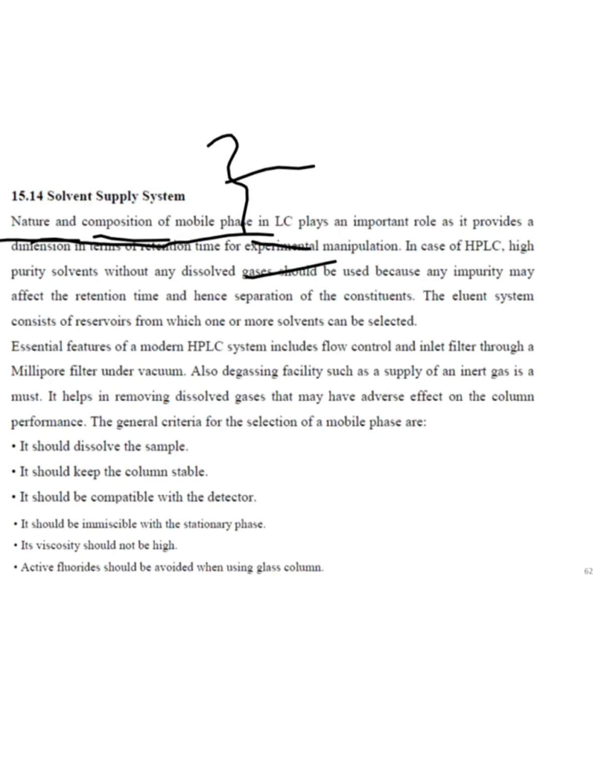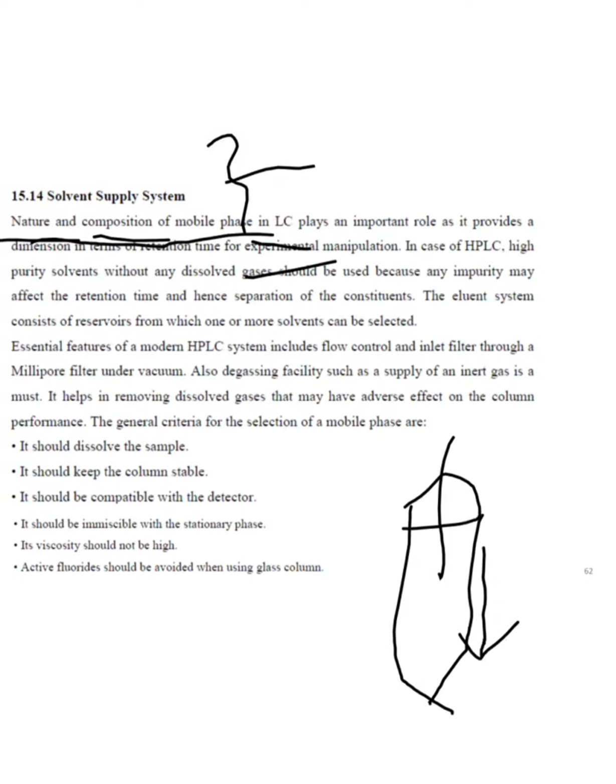In the column, the retention time can be varied by using different solvents. The concentration of the solvents also matters for the eluting of the sample. The ratio of the polar and non-polar solvents may also matter.